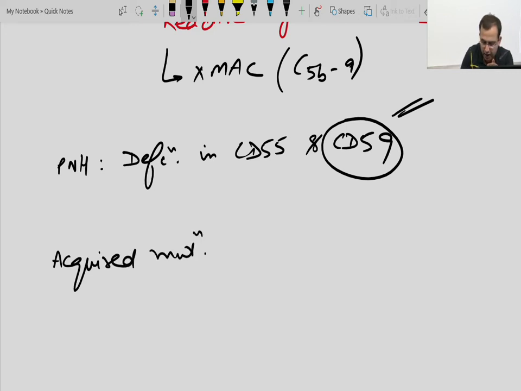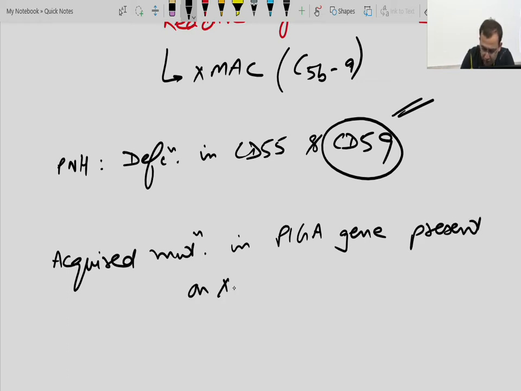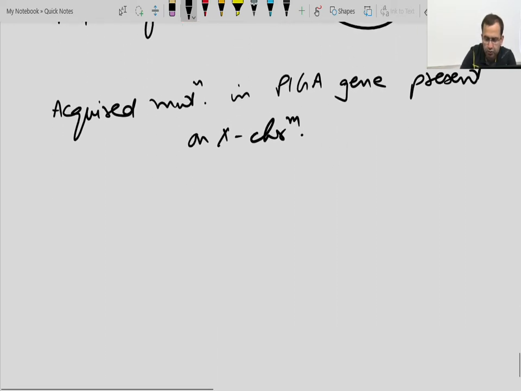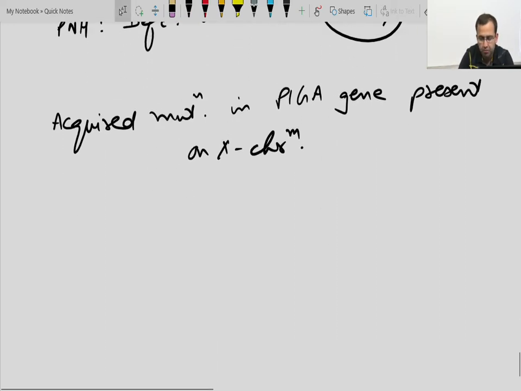PNH is an acquired mutation in the PIGA gene present on the X chromosome.